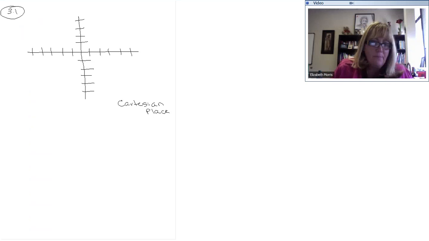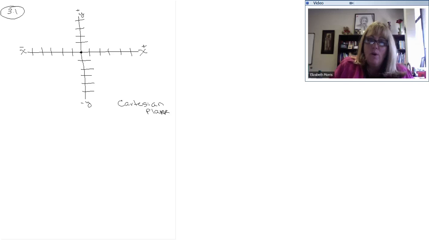The center here is called the origin. You have an x-axis and a y-axis. This is the positive side of the x-axis. This is the negative side. This is the positive side of the y-axis, and this is the negative side.